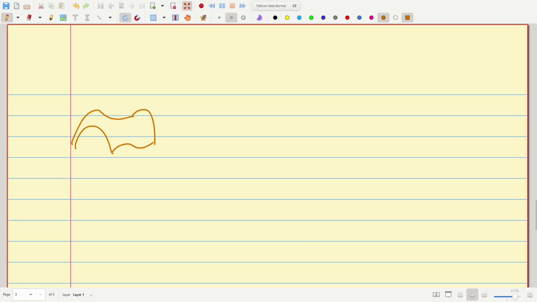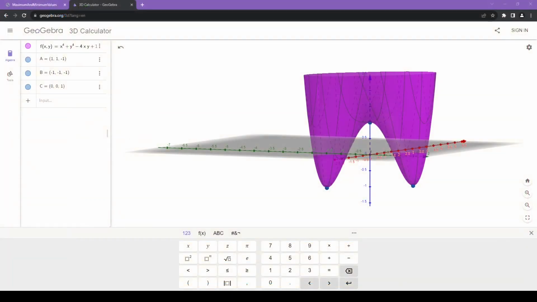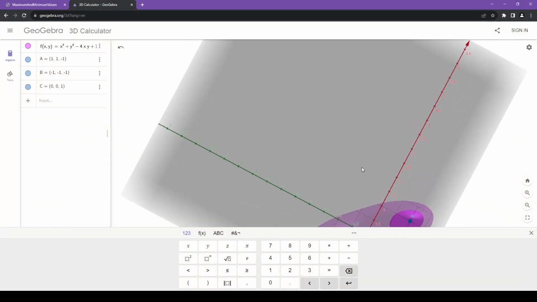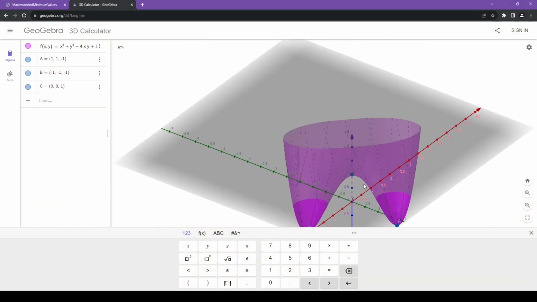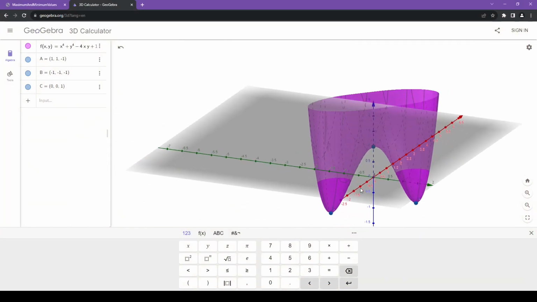Okay, the saddle point would be here in the middle, and then this turns up like this. Would be a different type of saddle, where the saddle looks like something you'd sit on, right? Whereas in this shape, we'd have to flip it upside down. Anyway, so imagine if this were upside down, it would be like a camel's back, right?